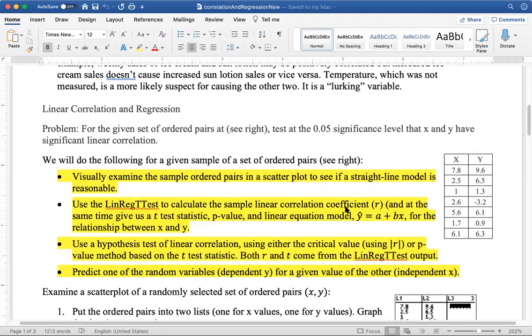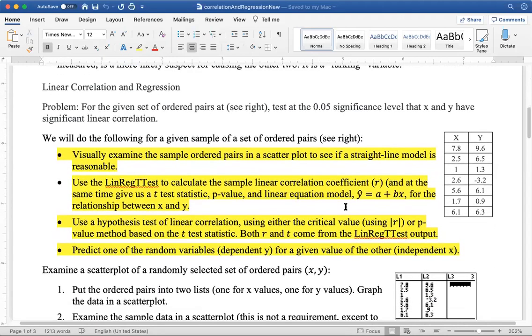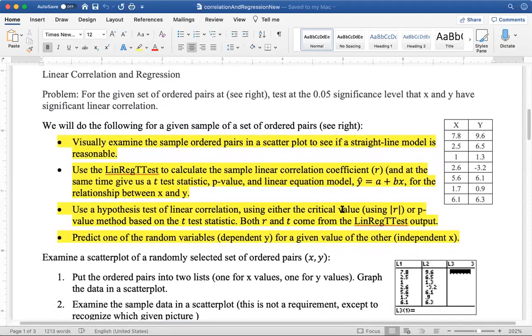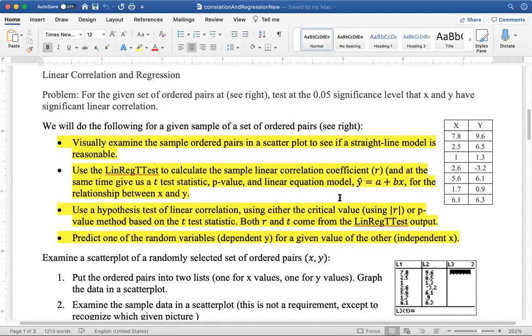Okay, so let's see what we're going to do here. All of our problems are going to involve some or all of the following things. Every one of the problems is going to give us a set of ordered pairs, a set of x's and a set of y's. The first ordered pair would be 7.8, 9.6. Second would be 2.5, 6.5, etc.